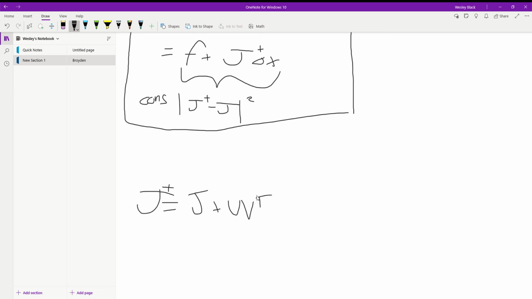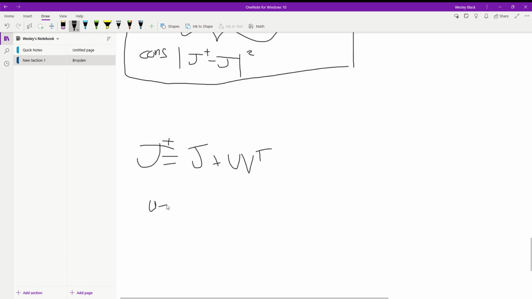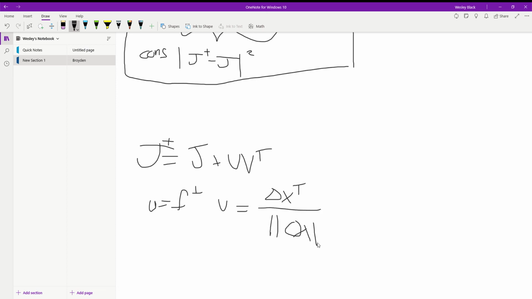Here we have J plus uv transpose, very similar sounding, where u is equal to F plus, and v is equal to delta x transpose over squared norm delta x squared, or just squared norm delta x.